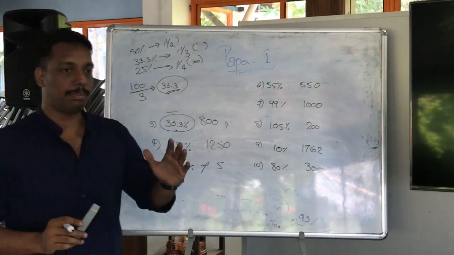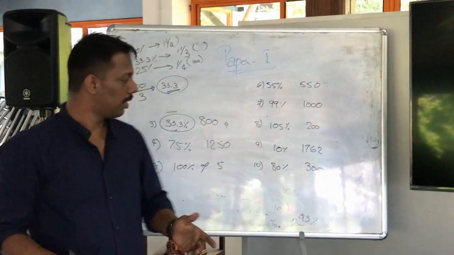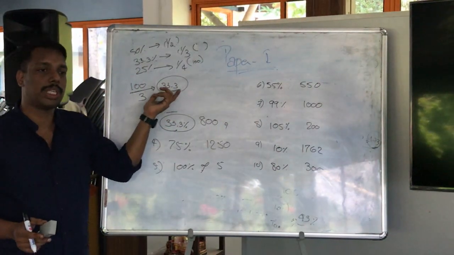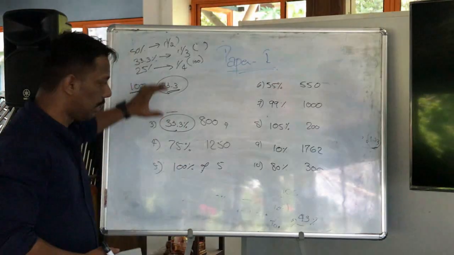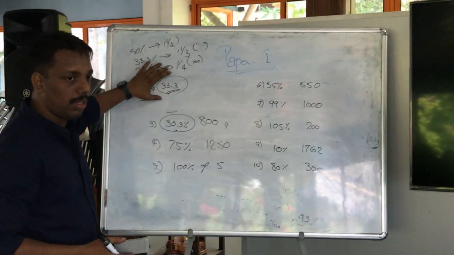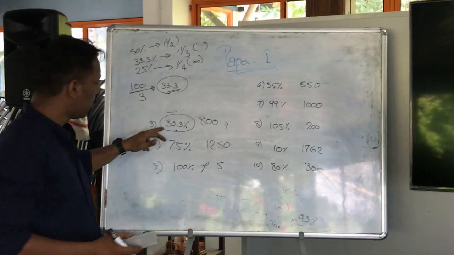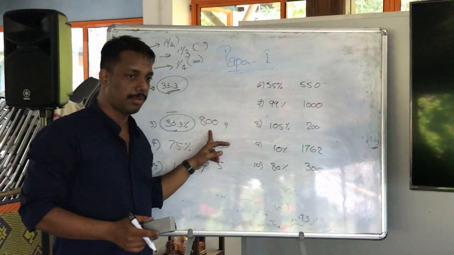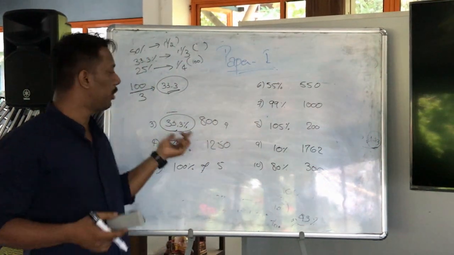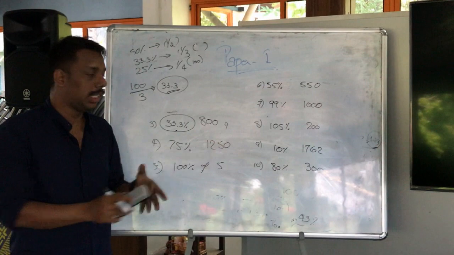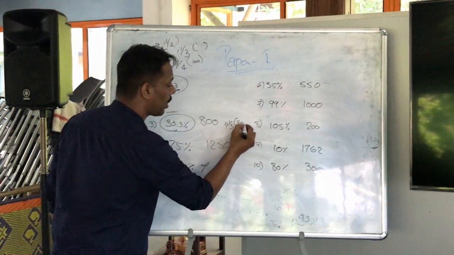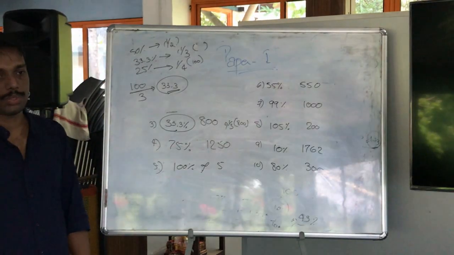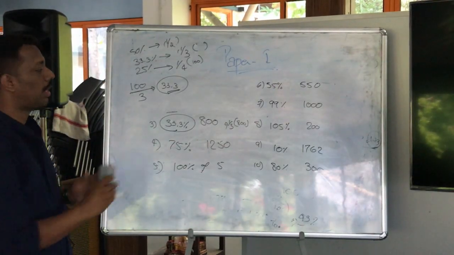If you divide any number into 3 parts, 1 part is equal to 33.3%. So you have to understand this concept. If you know that concept, you can very easily find the answer. What is 33.3% of 800? It is nothing but 1/3 of 800.